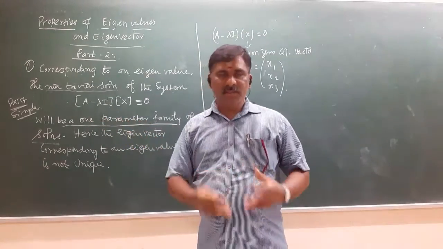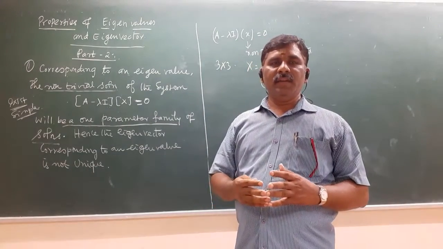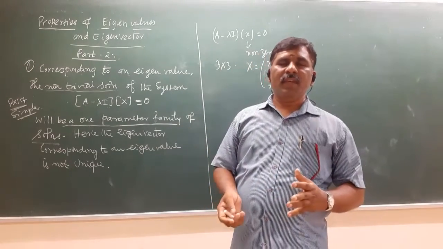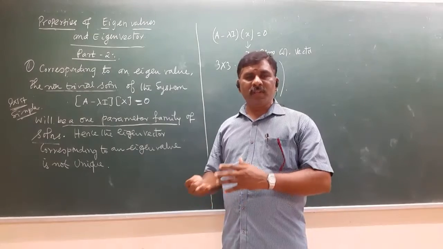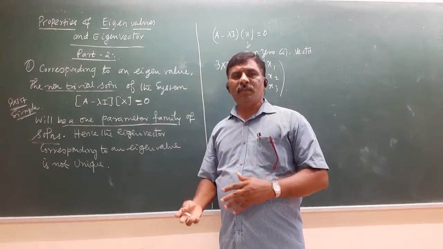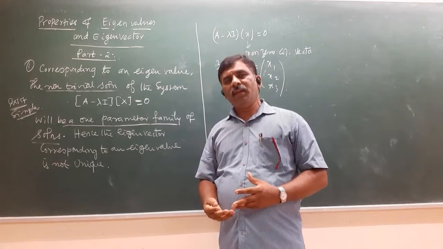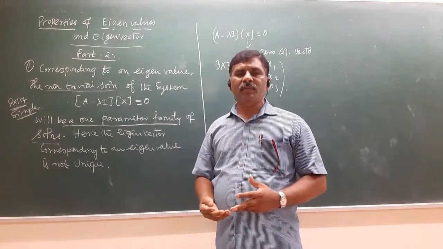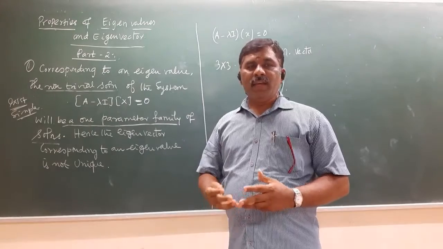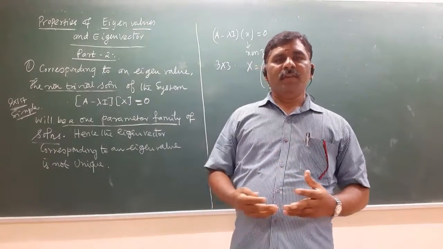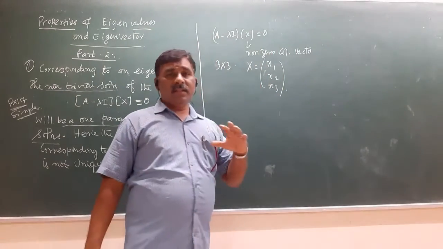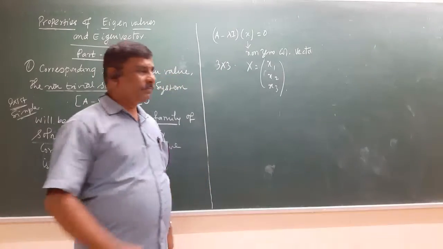When you are solving the system of equations, you are getting the set of solutions. The set of solutions is known as the family of solutions. So for a particular eigenvalue, you can get a family of solutions. Here I will clearly explain what is called the family of solutions.